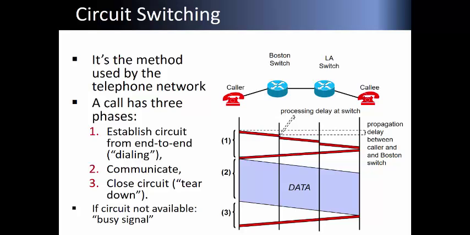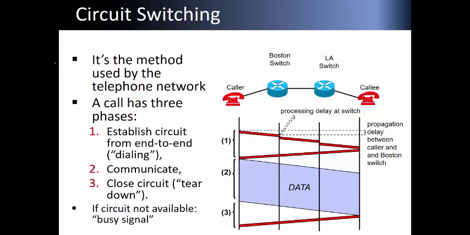What happens here, as you can see in the diagram, you're the caller, you want to talk to somebody, for example, from East Coast to West Coast. Then you first connect to the switch, Boston switch, and then through the backbone, and then there's an LA switch, and physically there is a circuit established.